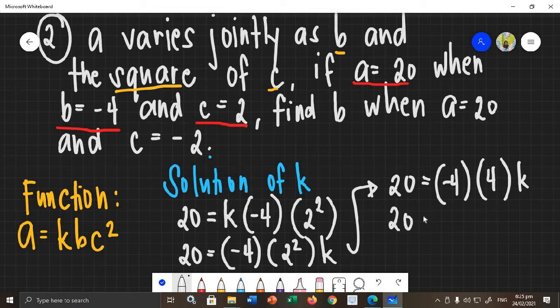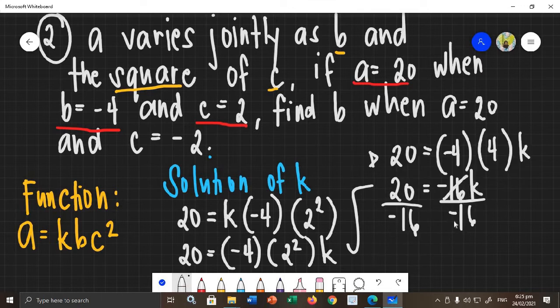Right after nyan, multiply natin. -4 times 4 is equal to -16k. So to get rid of -16, divide natin both sides by -16. And then -16 will be cancelled out. K is equal to 20 over -16.